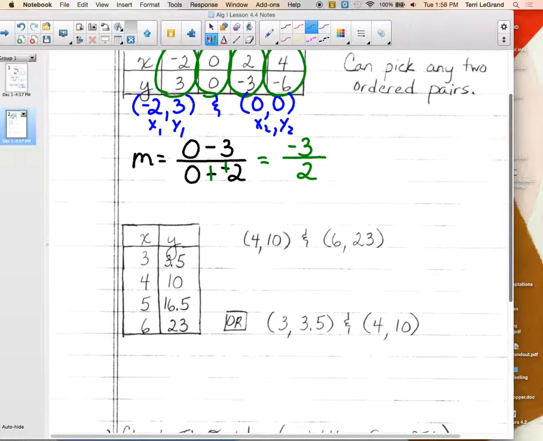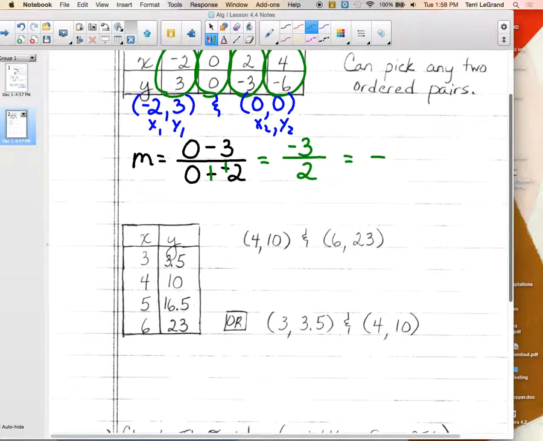This can be changed to a mixed number or a decimal, but when we are working with slope, if it can't be divided out into an integer value, we're going to leave it as a simplified fraction or improper fraction. This is an improper fraction. So only one of the numerator or the denominator is negative, so that makes the slope negative.